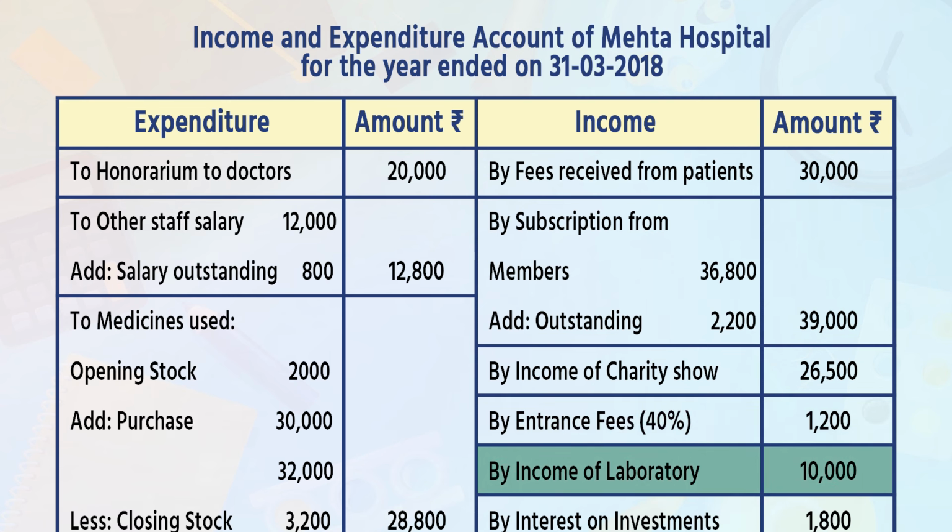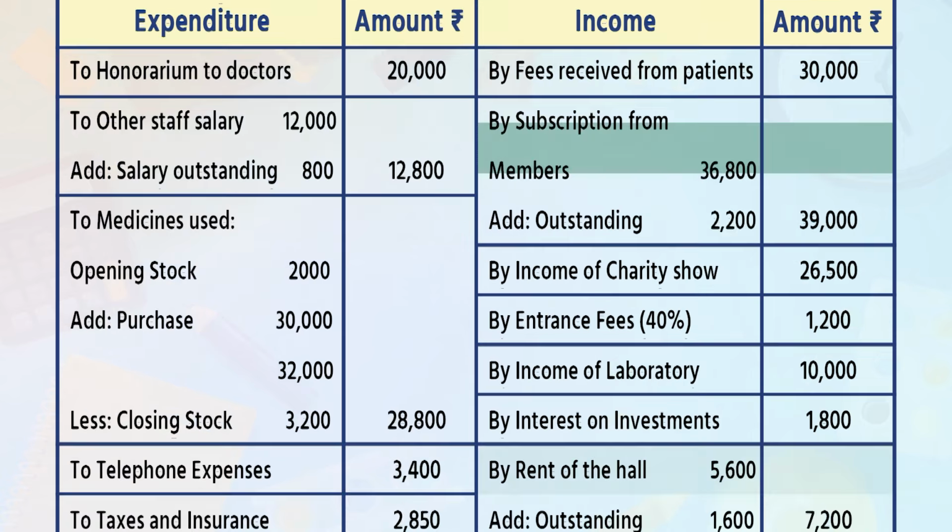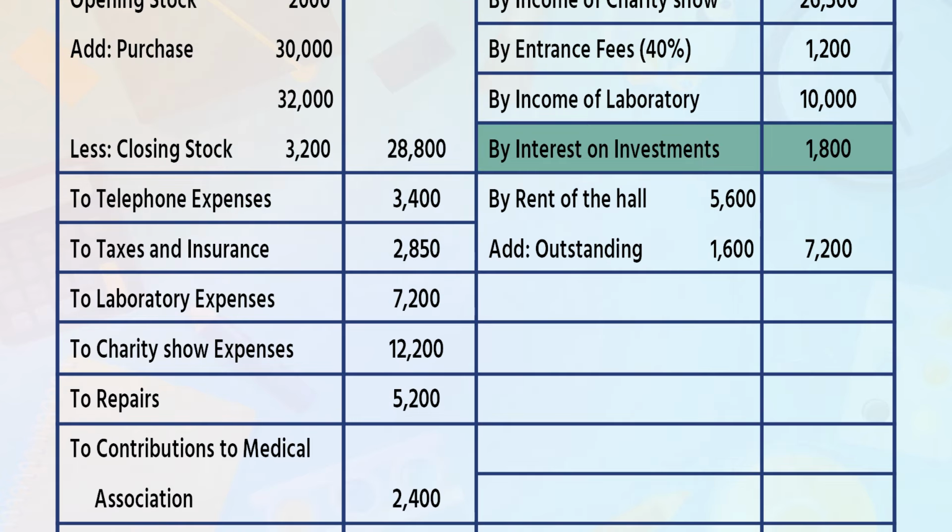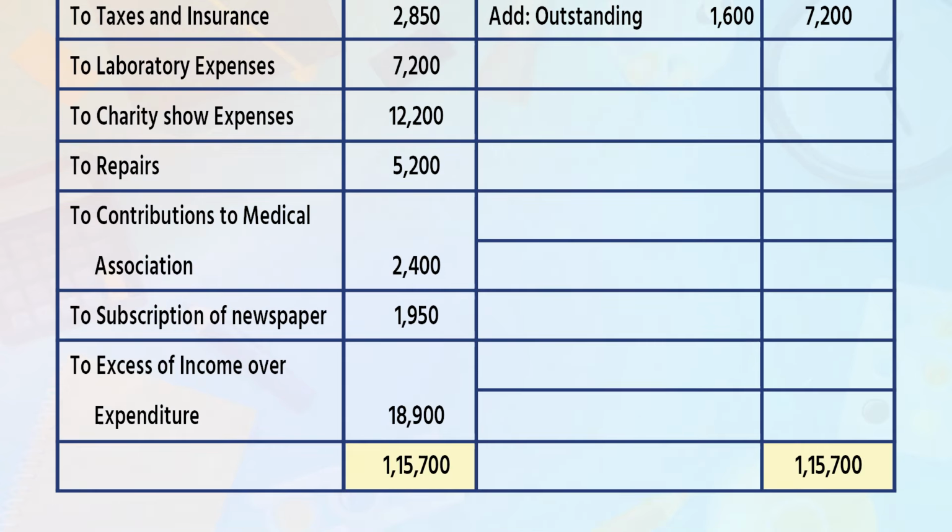Income of laboratory 10,000. Interest on investment 1,800. Rent of the hall in the inner column 5,600. We have to add outstanding, that is 1,600 to the outer column 7,200, and the total of it is 1,15,700. So we have completed this illustration over here.